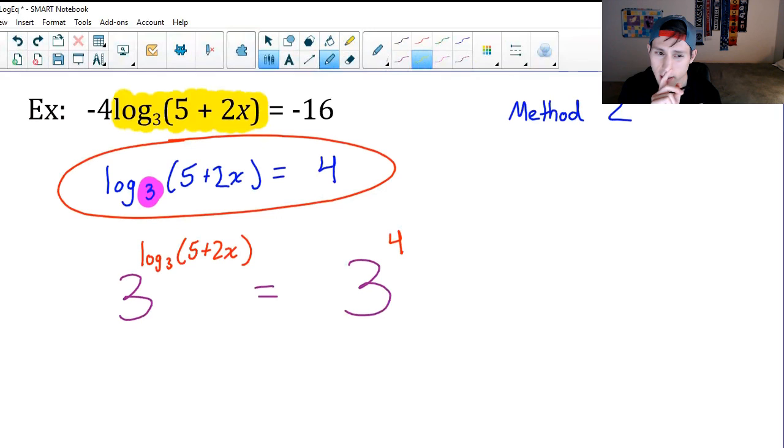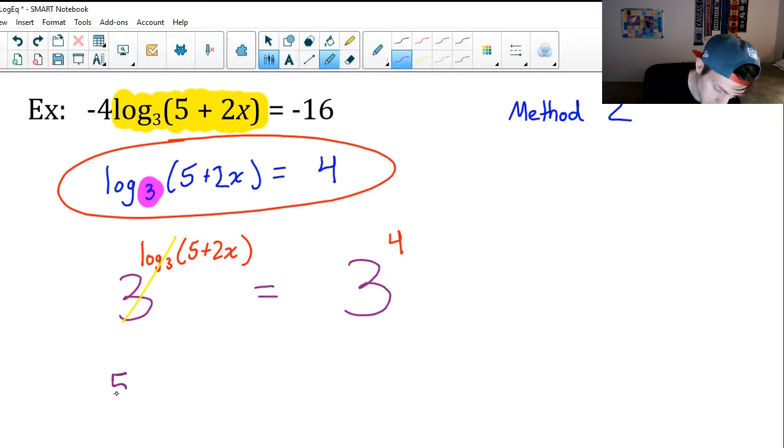On the left side, 3 to the power of log base 3 cancels. So 5 plus 2x equals 3 to the 4th. 3 squared times 3 squared, 9 times 9, 81.